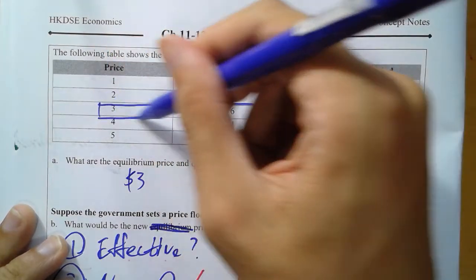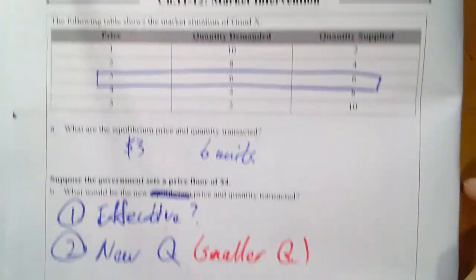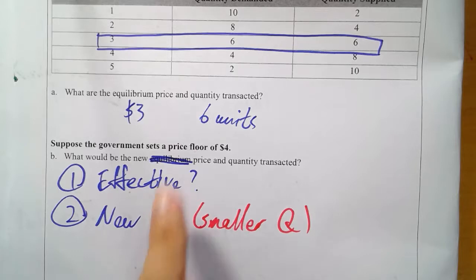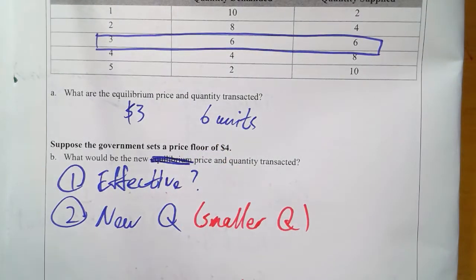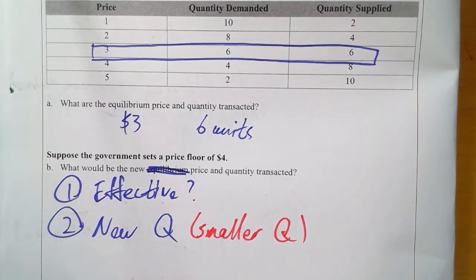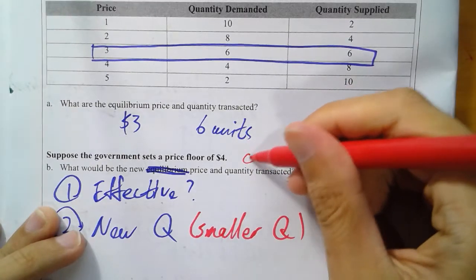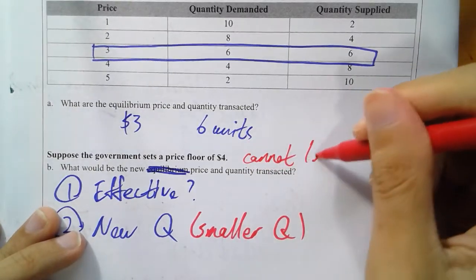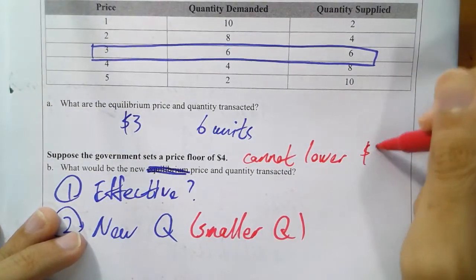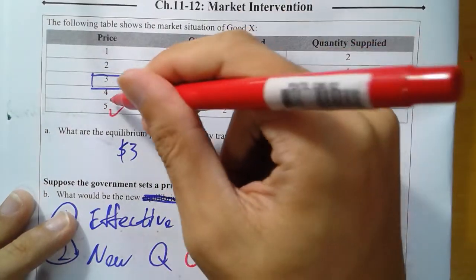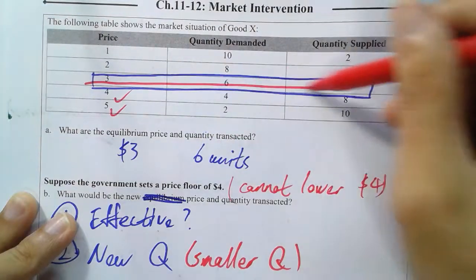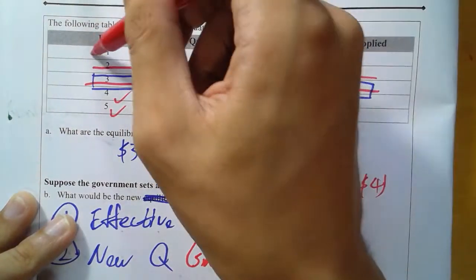This is the original situation. The government sets a price floor of 4, meaning price cannot be lower than $4. 我哋望一望啦。So, $5 okay, $4 okay, 3 not okay, 2 not okay, 1 not okay.